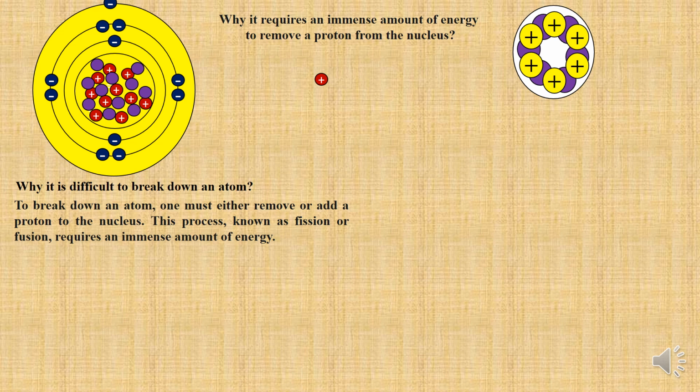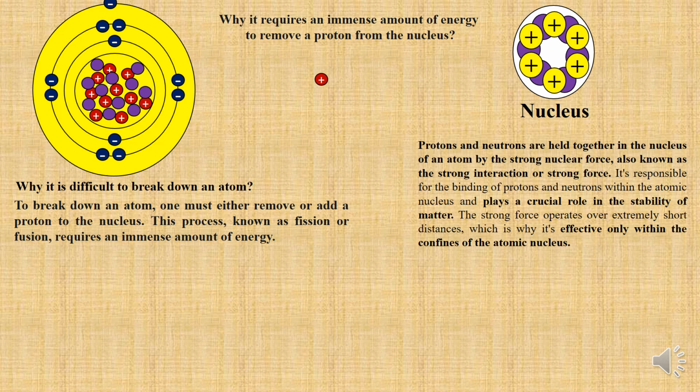Now the nucleus of any given atom, as you all know, contains positively charged protons and electrically neutral neutrons. The protons and neutrons are held together in the nucleus of an atom by the strong nuclear force. It's also called the strong interaction or strong force.